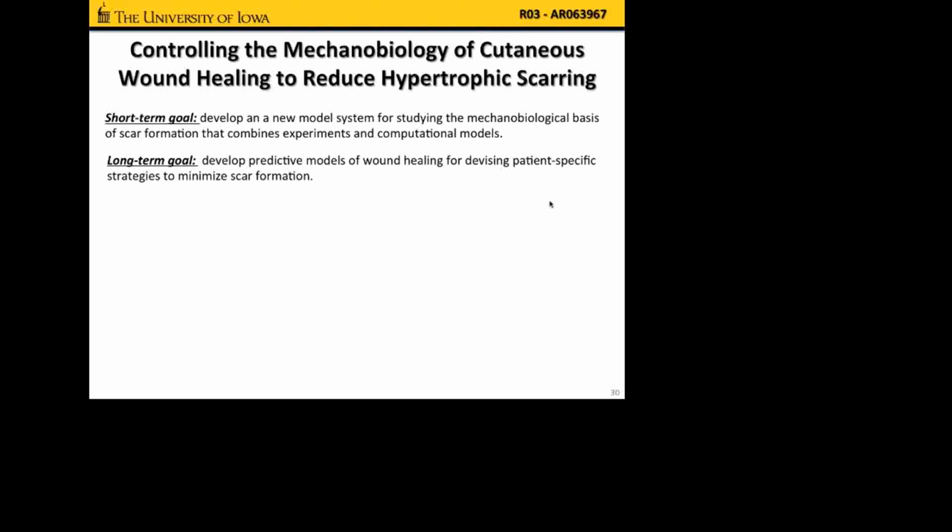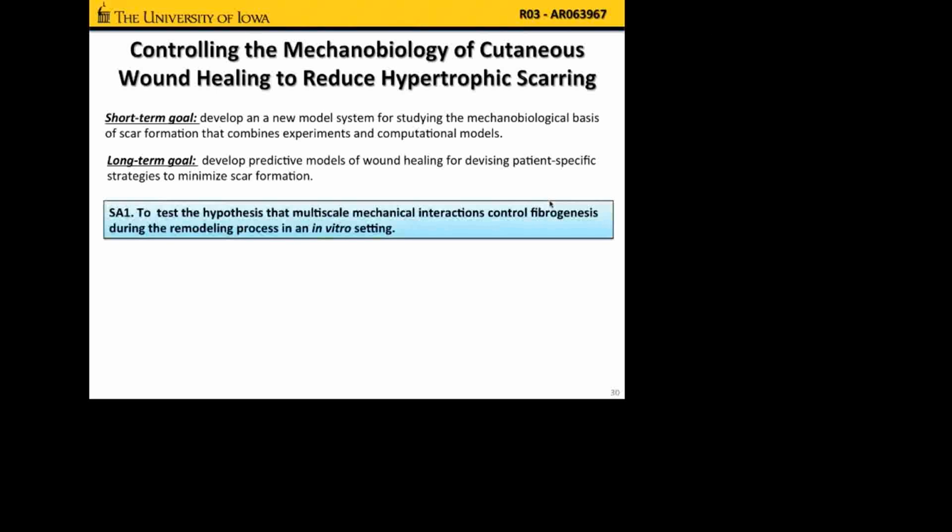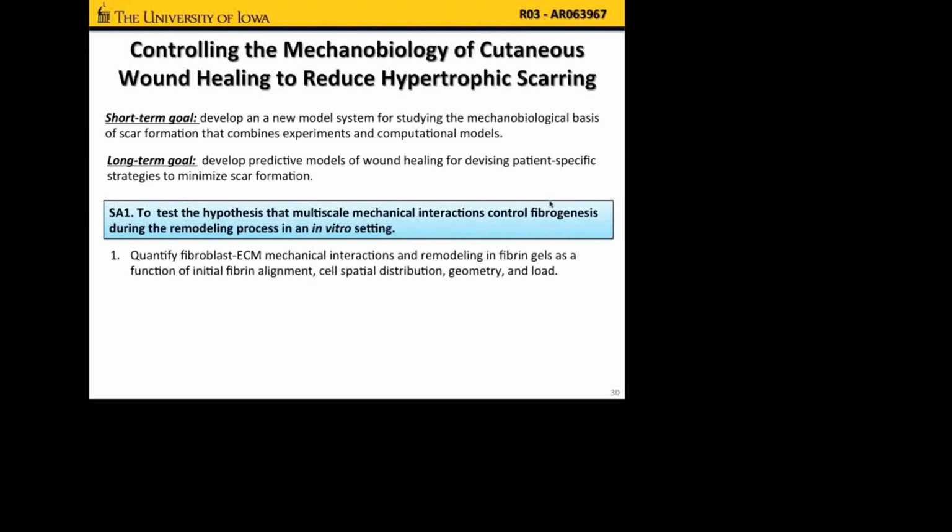And so the first hypothesis for the proposal then is to test the hypothesis that multiscale mechanical interactions control fibrogenesis during the remodeling process in an in vitro setting. And what this really means is that we need to characterize and quantify these fibroblast extracellular matrix mechanical interactions, how they control the remodeling process, and how multiscale mechanical interactions come to play in directing that remodeling process in terms of the initial fiber alignment patterns, the cell spatial distribution, the geometry, and the load.